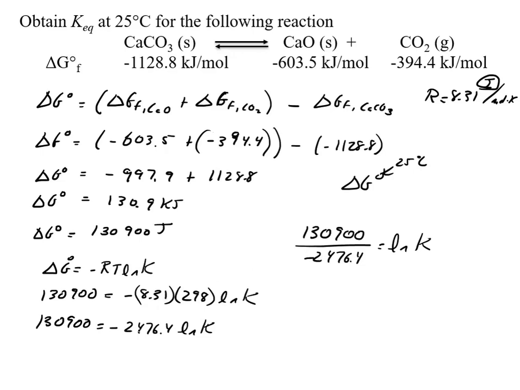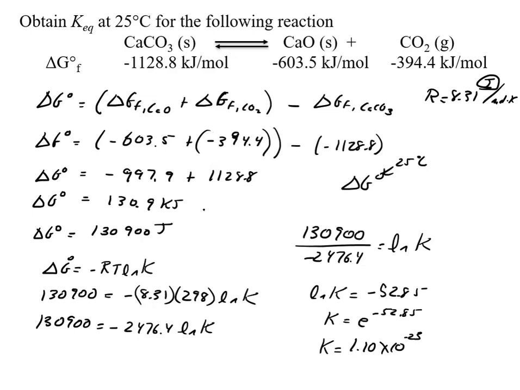This negative 2,476.4 is going to be constant because R is constant and T is going to be constant for these. But your delta G is not going to be constant. So I get natural log of K is a negative 52.85, and K then is e to the negative 52.85. So K ends up being 1.10 times 10 to the minus 23.